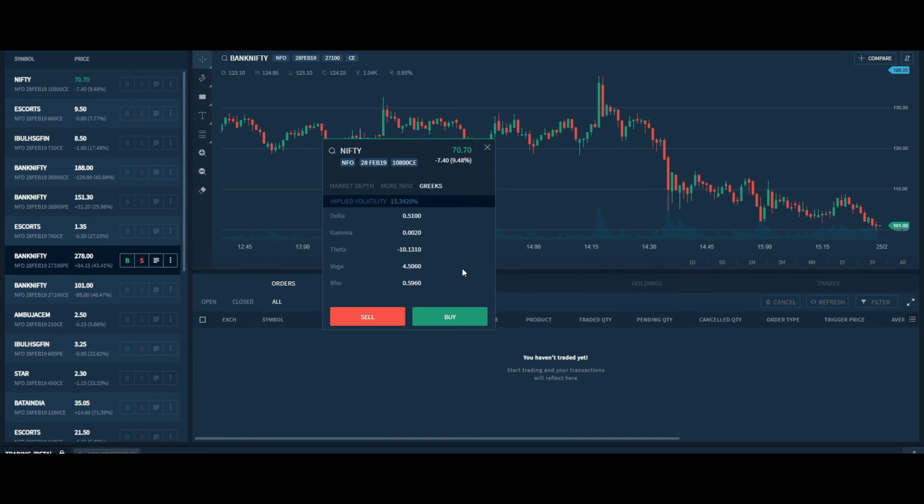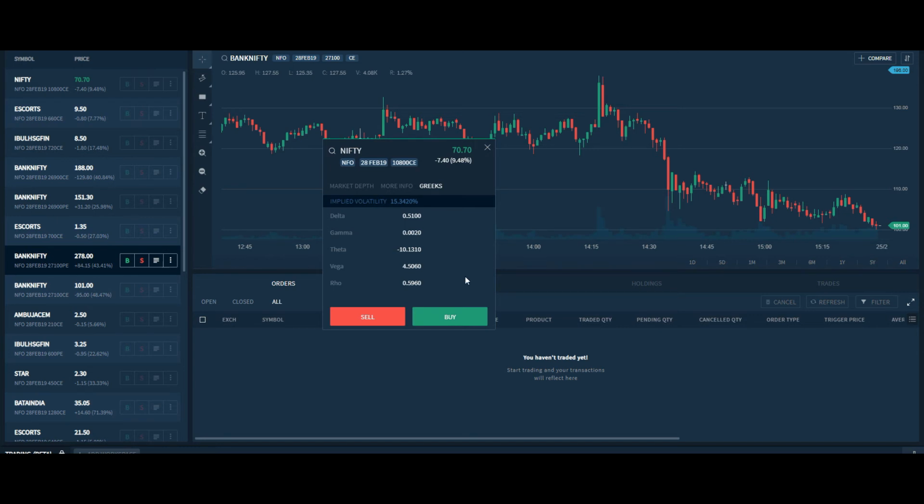Okay, so why does this change happen? We need to always understand that when the market is coming to an end of expiry or near to the expiry, the market generally knows where it is going to end.